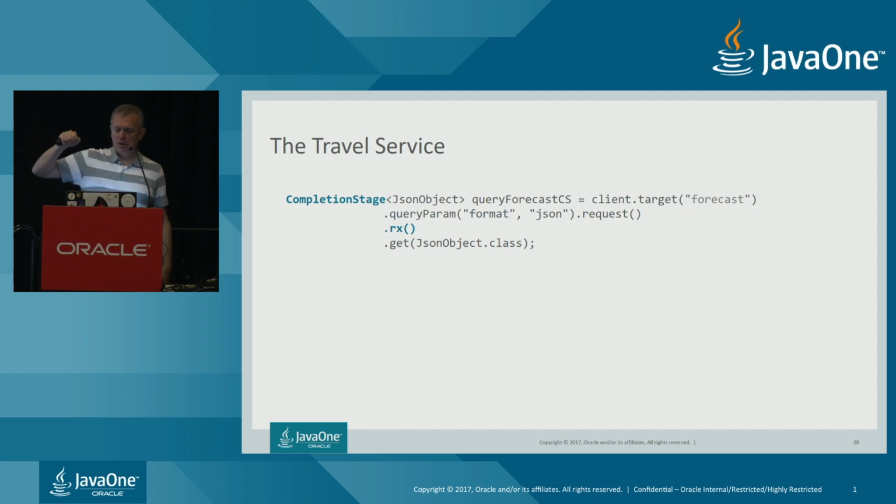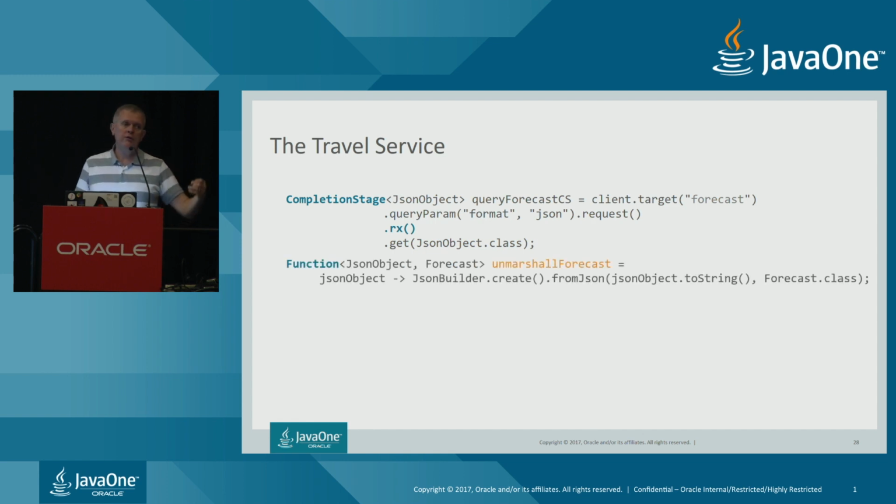So given a known destination, the first thing I can do is query the forecast service using this kind of pattern. Most of the time, since it is a REST service, what I will be getting is in fact a JSON object. Once I have this JSON object, sometime in the future, remember this is a completion stage, what I must do is unmarshal it using some basic JSON builder code just like this.